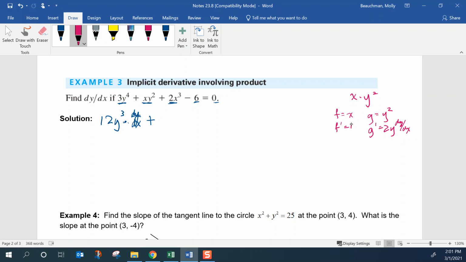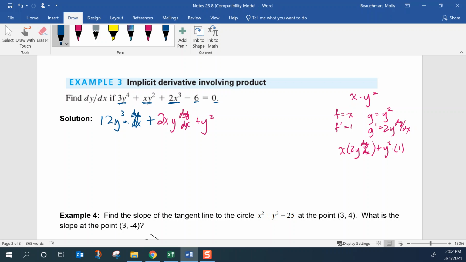So with the product rule, we take the first, x, times the derivative of the second, 2y dy/dx, plus the second function, y squared, times the derivative of the first. So this entire expression represents the derivative of the single term xy squared. So putting it in alphabetical order, we get 2xy dy/dx plus y squared.